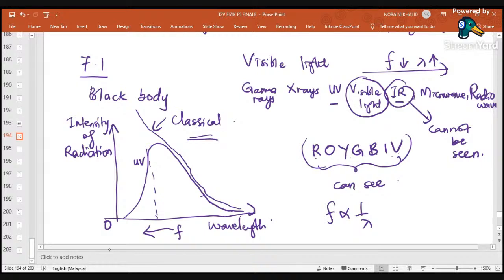Experimental results are not consistent with classical physics theory. Light intensity does not continue to increase with increase of wave frequency. Okay, so because as the frequency increases, the intensity must increase, when it should be increased like this according to classical. But proved by the experimental result, it will drop.